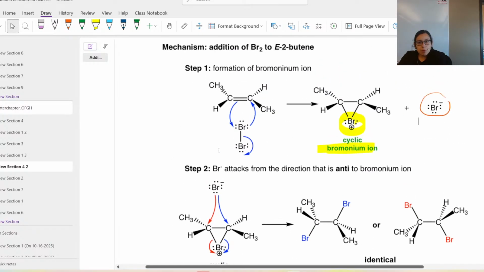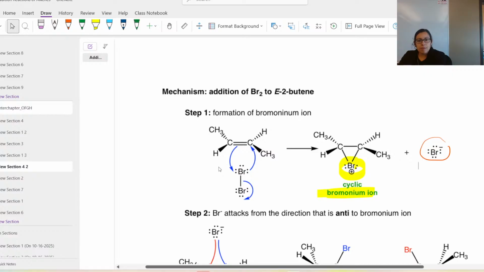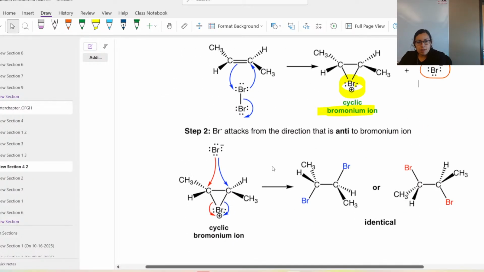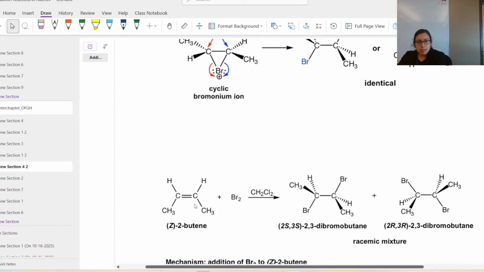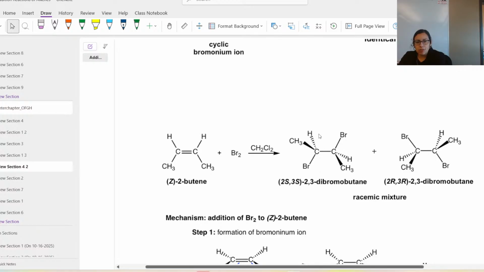And to that point, looking at our E versus now our Z butene. Looking at this, now we could get a racemic mixture from that anti-addition there.